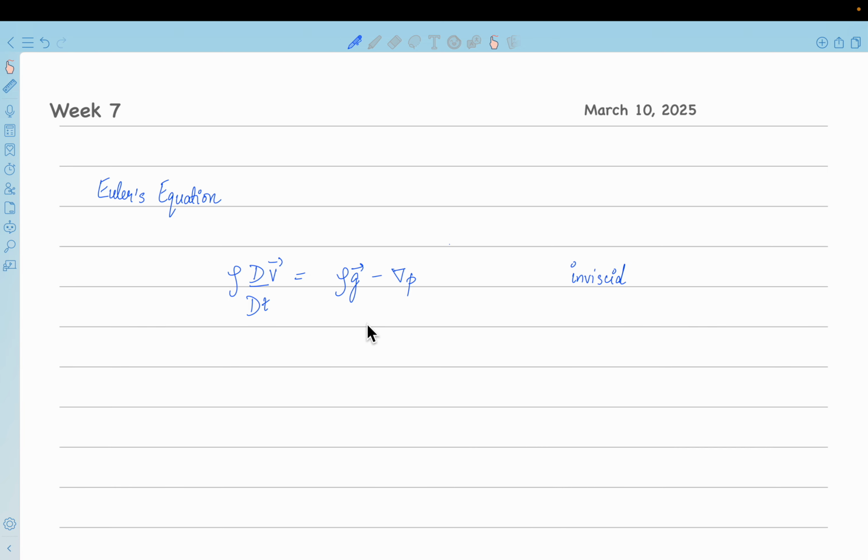Okay, anything else? Have we assumed incompressibility? Yeah, have we also assumed incompressible flow?